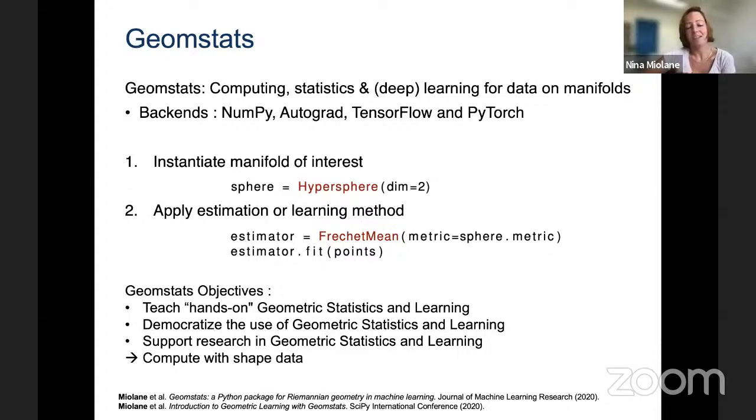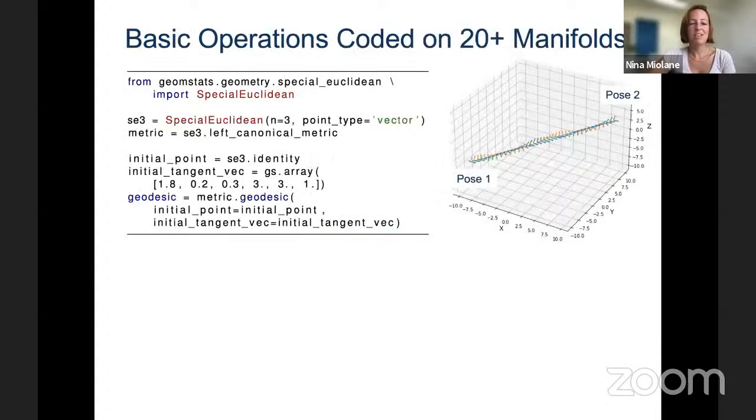And personally, I use it to compute with shape data. So let me give you 2 examples of how you can use this dichotomy of first defining the geometry and then defining what you want to do with the geometry, to compute on manifolds, and specifically the manifolds that are linked to the shape data.